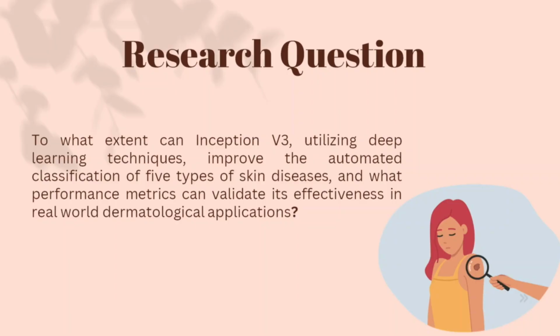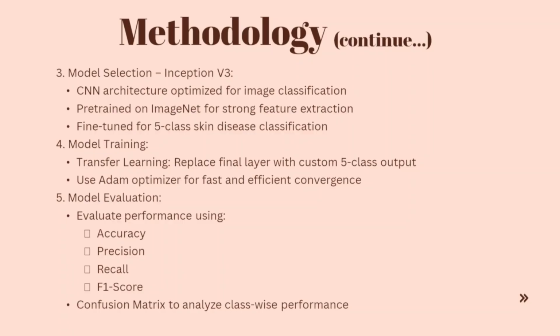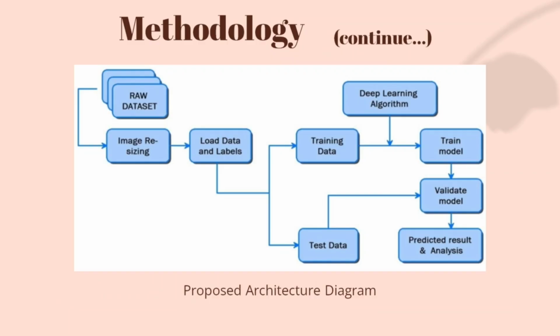real world environment. So the methodology in this project is as follows: the data set collection, the data pre-processing, and the model selection. The best performance model will be selected, and model training and model evaluation with various metrics.